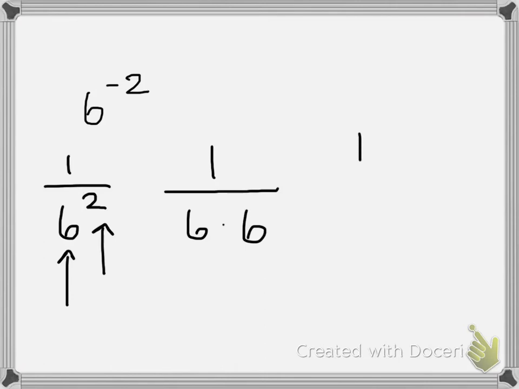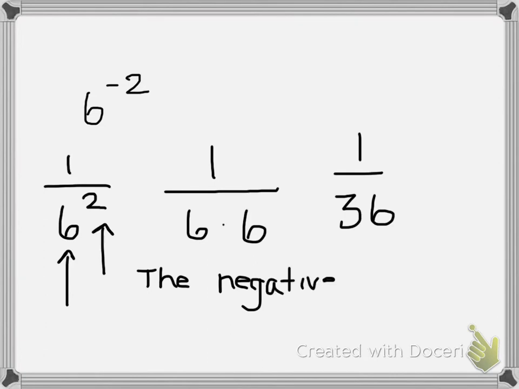So then I have 1 over 36. And this once again can be written as the negative square of 6.